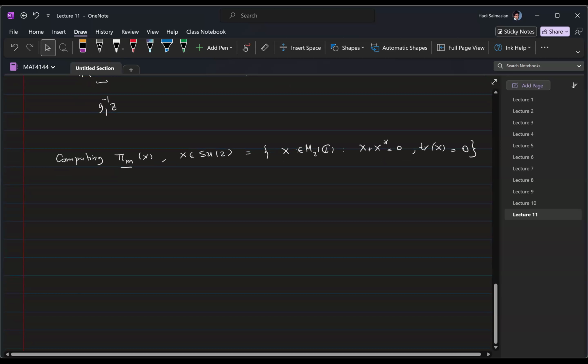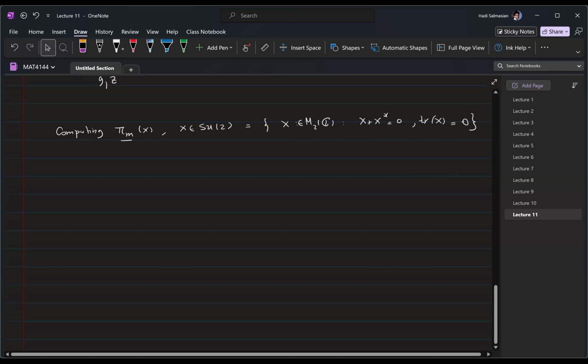We just have to take one-parameter subgroups and then differentiate at 0, right? So we take pi m underline X of f at z. This is what we want to compute. So this is for f in Vm, and X in the Lie algebra, which is su2.